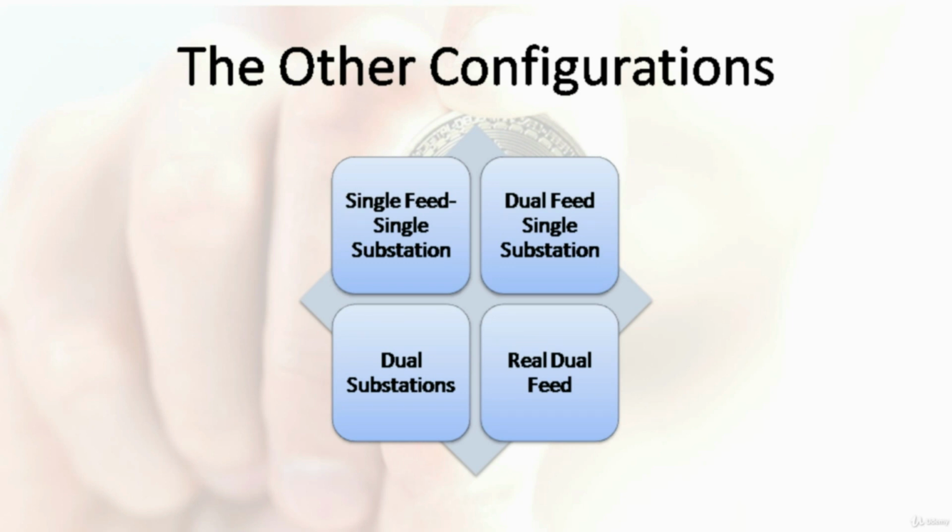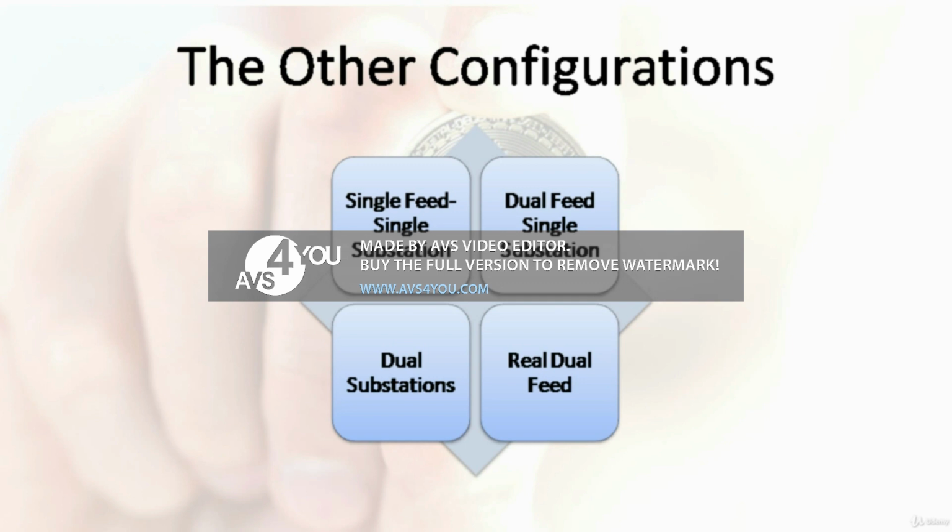The third configuration is the dual substation. With this configuration, you still have a throw-over switch, but now the two feeds are coming from two different substations. Again, the feed downstream of the switch to your facility may still be susceptible to a single point of failure. And the last configuration is called the real dual feed.